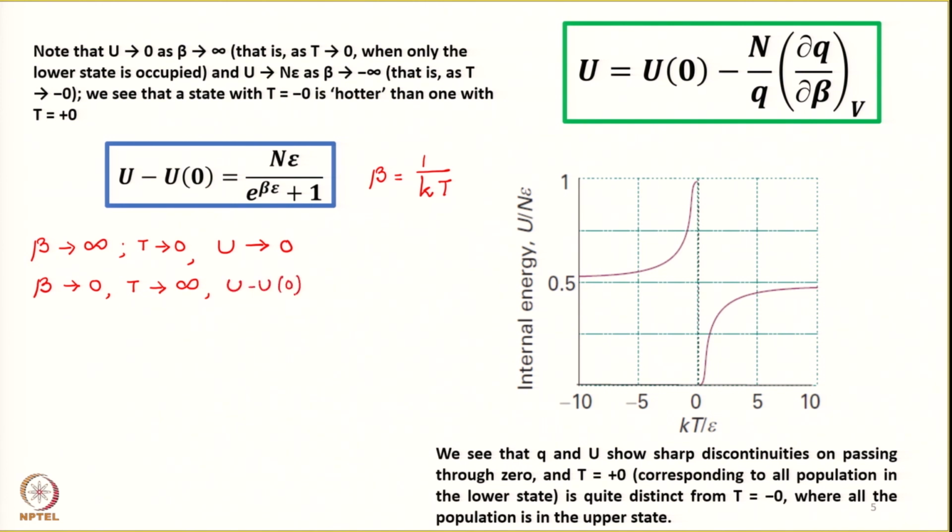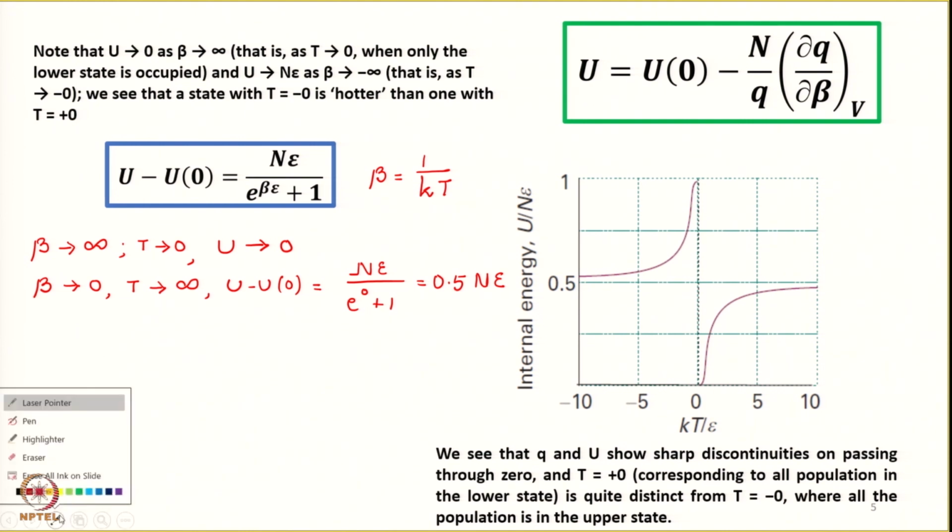U minus U0 will be Ne divided by exponential beta E, with beta tending to 0, so 0 plus 1, which is 0.5 times Ne. And that is what you are seeing over here. When temperature becomes very, very high, the value of U by Ne is approaching 0.5.